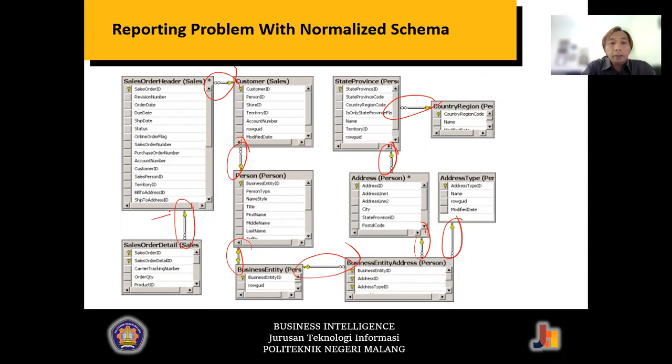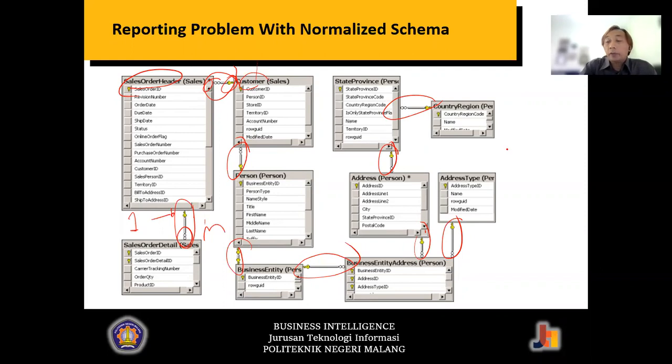The key is for the single or one relationship, and the infinity symbol stands for the many relationship. So we can say that the relationship between customer and the sales order header would be one-to-many, where one customer can have multiple sales order headers, and one sales order header will only consist of one customer, and so on.